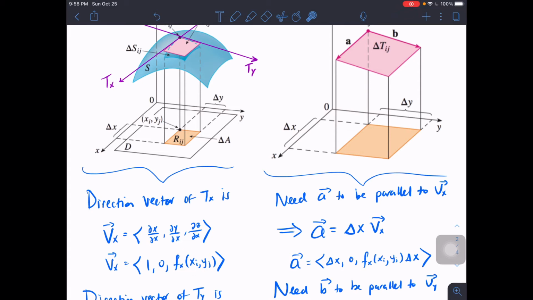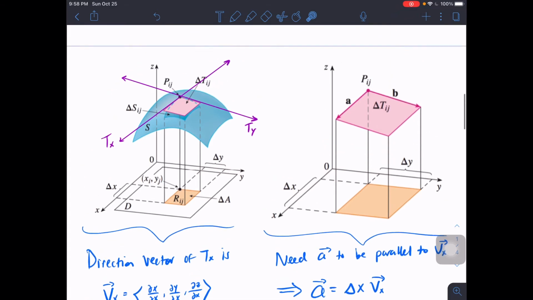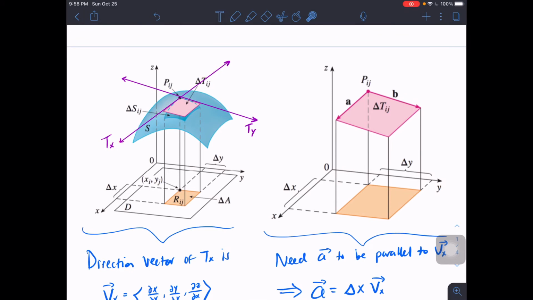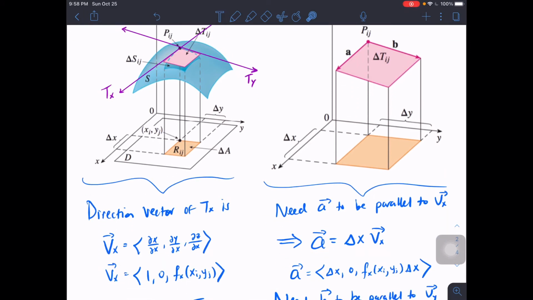That's exactly what this value is supposed to give us. And so the direction vector of Tx is going to be given by this direction, which I'm calling Vx.